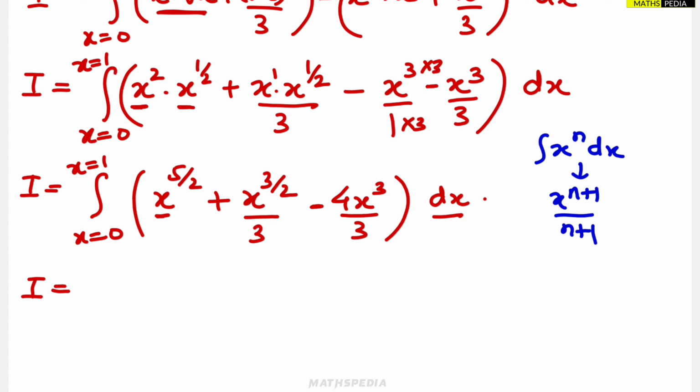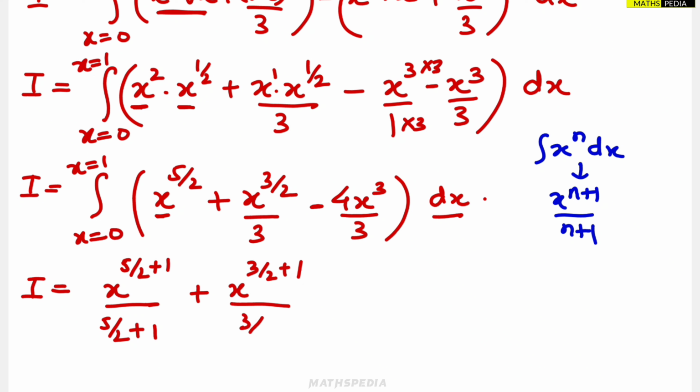So here it will be x power 5 by 2 plus 1 by 5 by 2 plus 1 plus here again x 3 by 2 plus 1 by 3 by 2 plus 1. Okay, and one more 3 is sitting, so I will write this 1 by 3. Then next minus 4 by 3, I will take it outside. Then it will be x cube is x power 4 by 4.